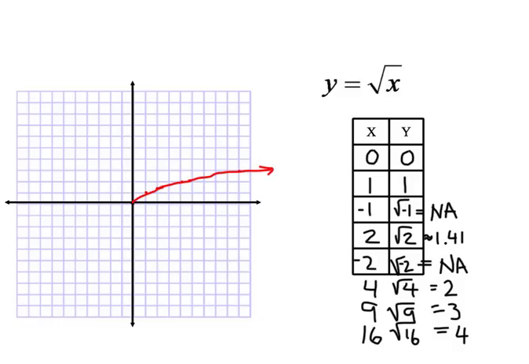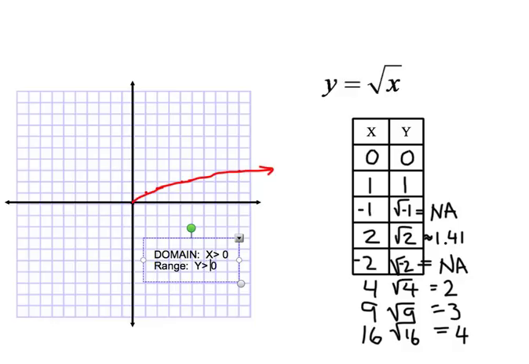So let's talk about a couple of things. The first thing I do want to talk about is domain, right? In this particular case, x has to be greater than or equal to 0. I'm sorry, I don't have a greater than or equal sign on my keyboard. For the range, it will also be greater than or equal to 0 at this point.